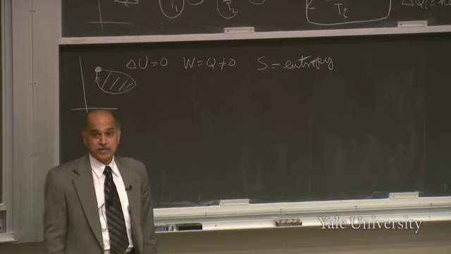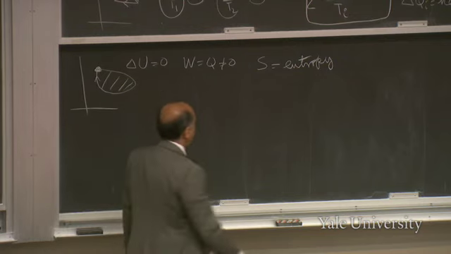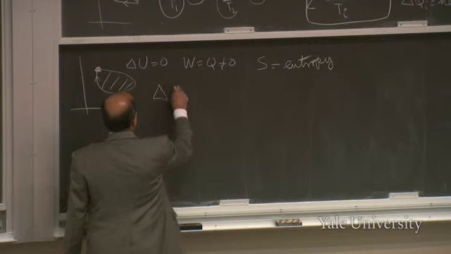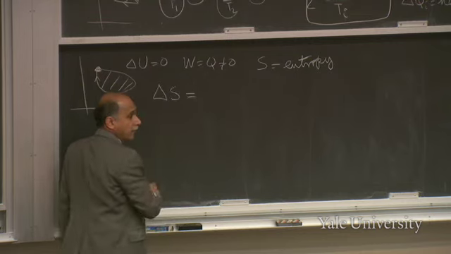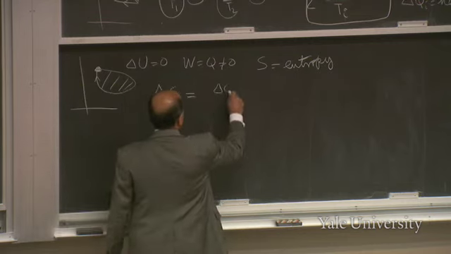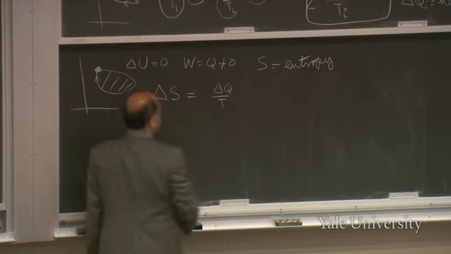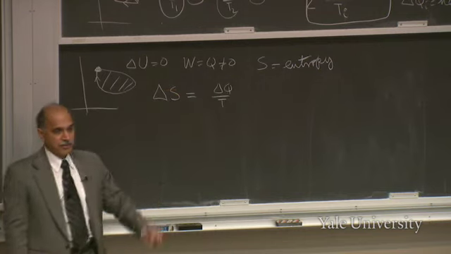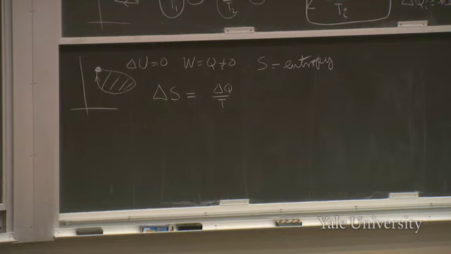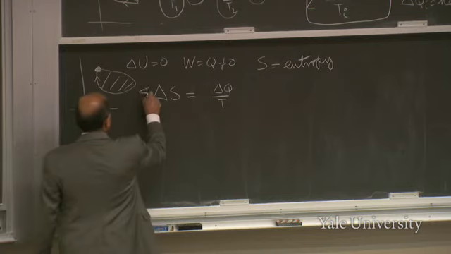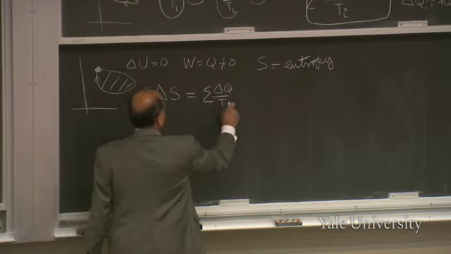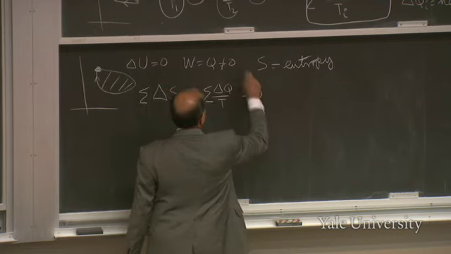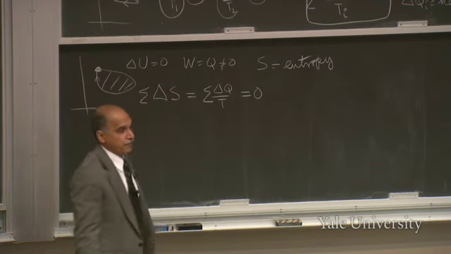So who is this S? That S is defined by saying that the change in the entropy is the heat you add divided by the temperature. In a tiny little process, if you are at some temperature T, you add a little amount of Q, keep track of all the changes, and that change will be 0, as I showed you in this Carnot cycle.